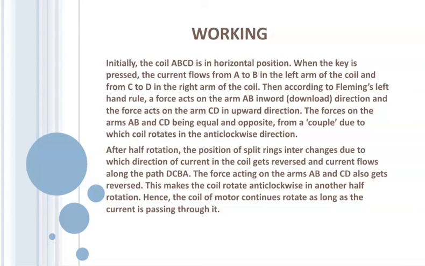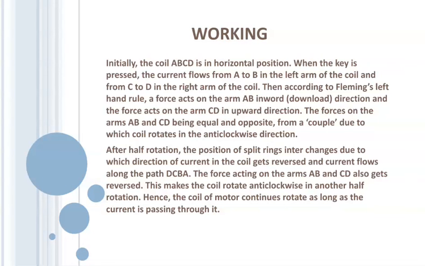This makes the coil rotate anti-clockwise by another half rotation. The reversing of current in the coil is repeated after every half rotation, due to which the coil continues to rotate as long as current from the battery is passed through it.